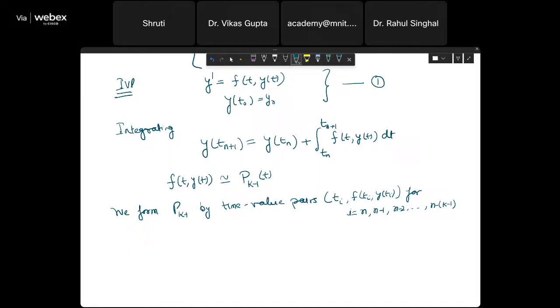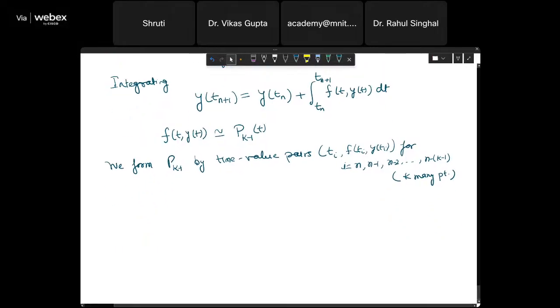So in total how many points are we taking? k many points. These are the k points with the help of which we are finding the k minus 1 degree interpolation polynomial using Newton's backward difference formula. So with this what we get is the following.